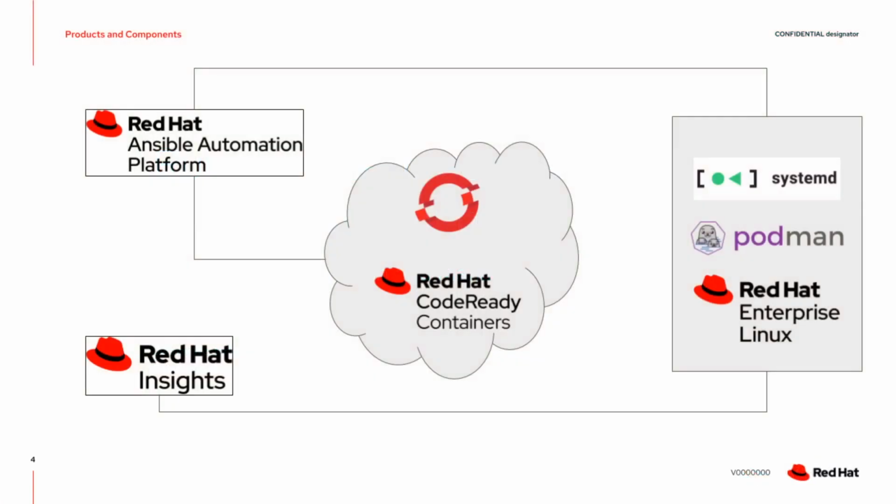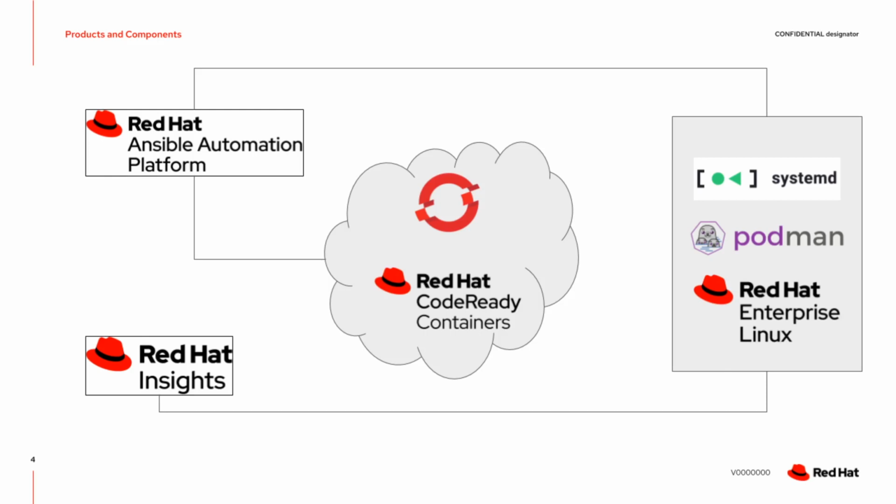To do this demo, I used a couple of different components. So in the center, we see OpenShift, or actually it's CodeReady Containers. CodeReady Containers is an all-in-one installation of OpenShift, and OpenShift is Red Hat's enterprise Kubernetes distribution. We are also making use of Ansible Automation Platform to create the automation necessary to deploy our application out to the edge device.